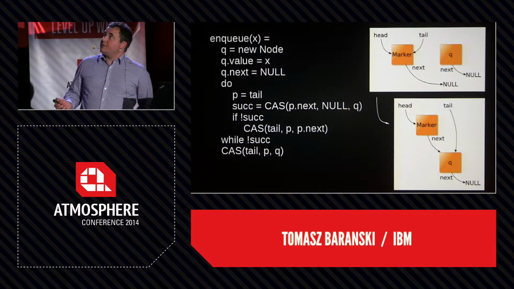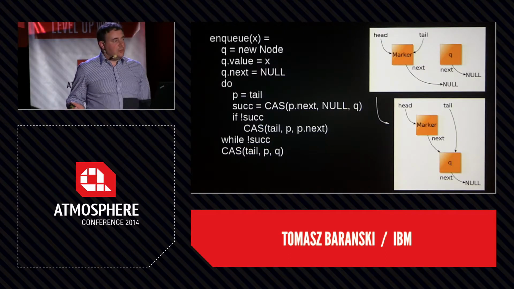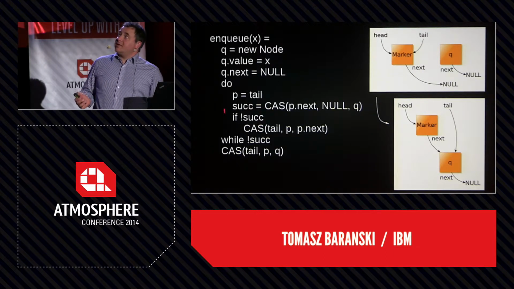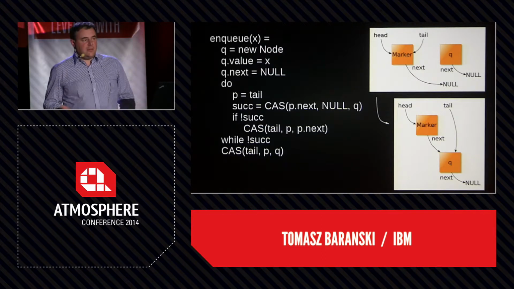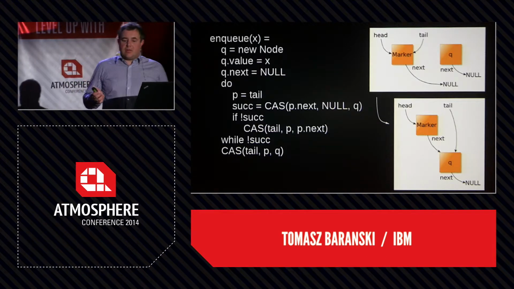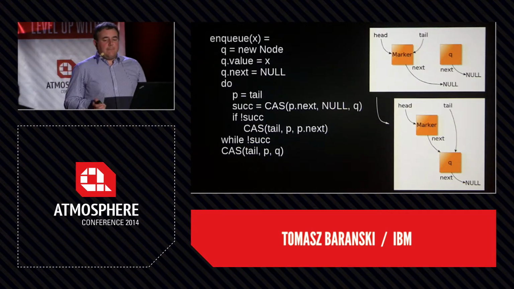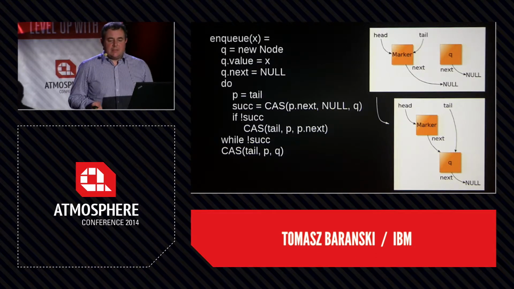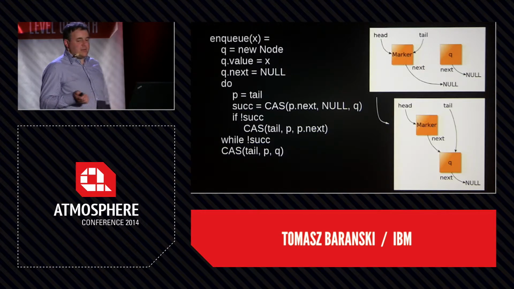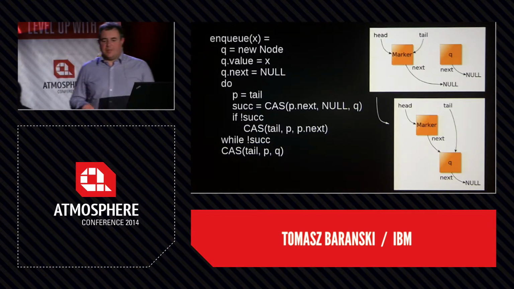This thing is important because we need to point the tail to a newly created node. But the thread that does that can stop here, and then another thread on another CPU can do the same operation, enqueue another element. And so the old tail is already somewhere in the middle of the queue. So the P that was a true tail is not the tail anymore.